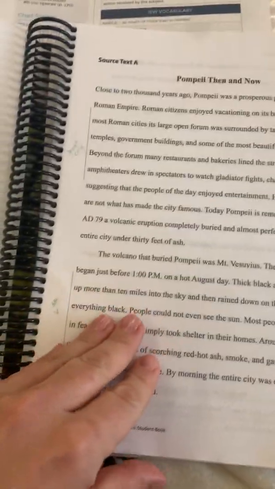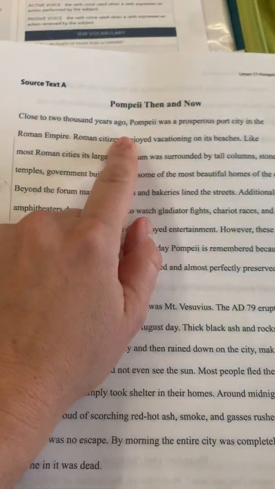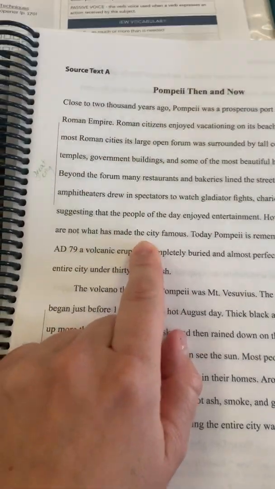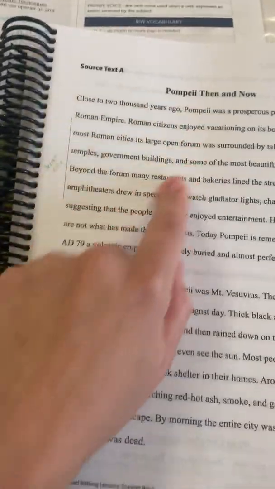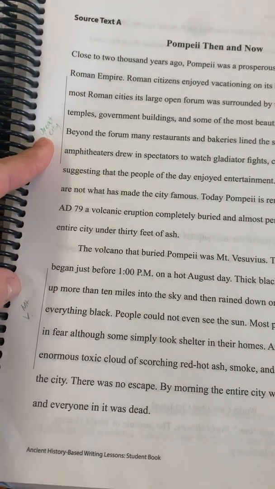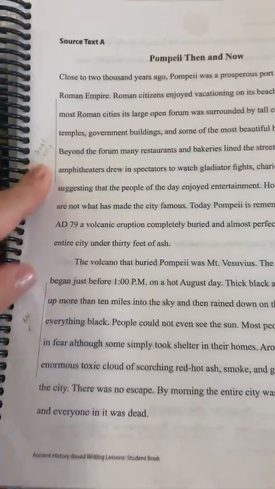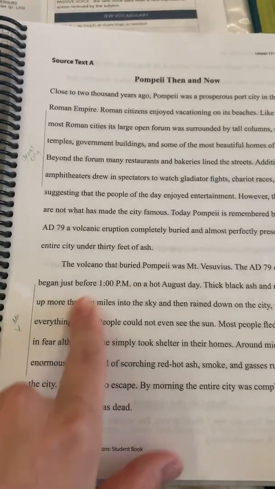So first, what our student does on their own is just scan through each paragraph and determine the topic of that paragraph. And so we did that. We went through. We thought that this was really just about Pompeii being a great city. This one was about Mount Vesuvius.